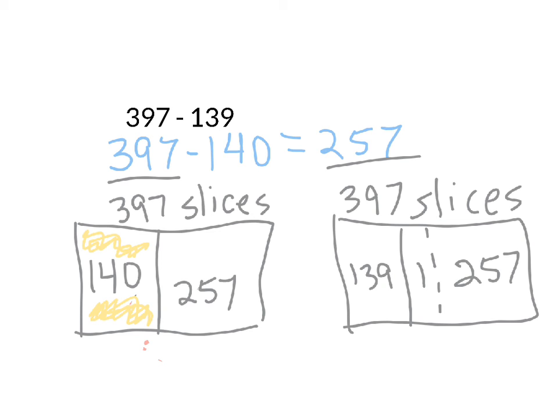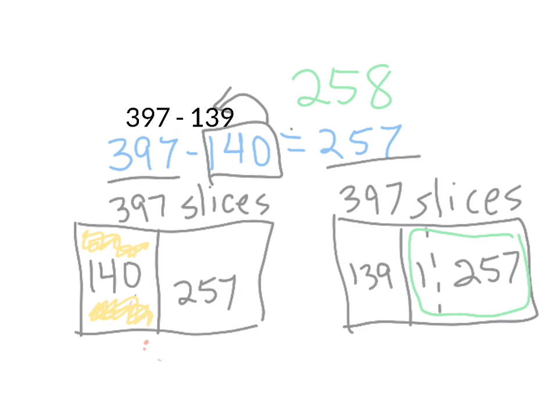That one little slice that didn't get eaten. In the first problem, I'm showing that it got eaten, but that's not the original number, is it? We need to look at 139. So now I've got to add that 1, and where am I adding that 1 to? I'm going to add that 1 to my 257. So I have a total of 258 slices that are left in that cake.